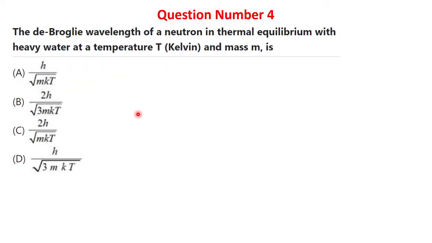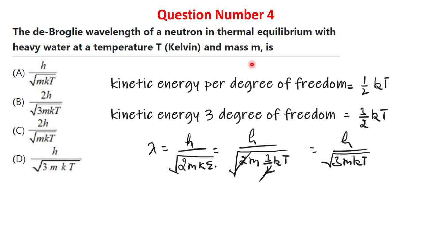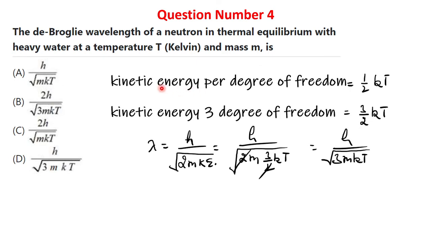Question number 4. The de Broglie wavelength of a neutron in thermal equilibrium with heavy water at temperature T and mass m is. So from kinetic theory of gases, class 11, we know the kinetic energy per degree of freedom was half kT.